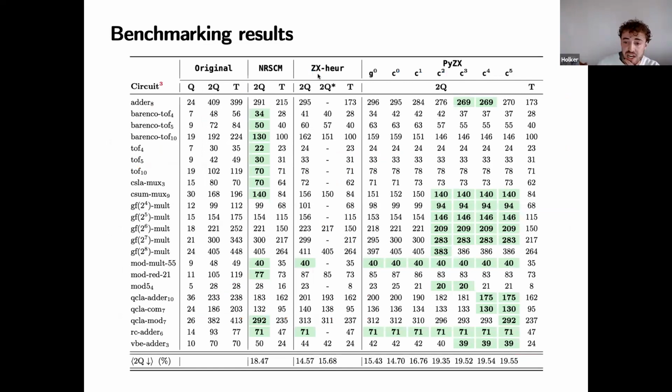So these are on the standard benchmarking circuits, and you can see that on average, increasing the number of unfusions means that we get a very, very high reduction in two-qubit count, which betters the NRCM algorithm, which uses many circuit gate cancellations, and on many of the circuits it finds new bests.